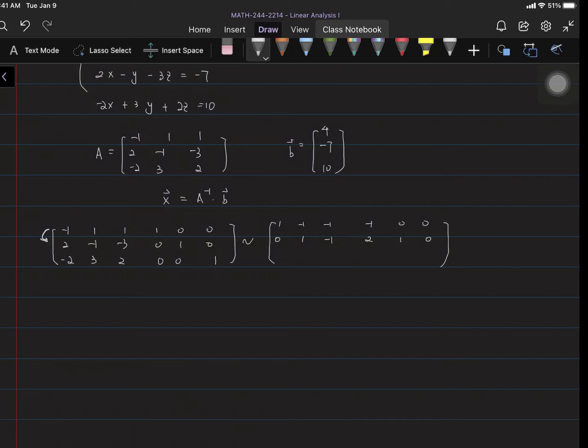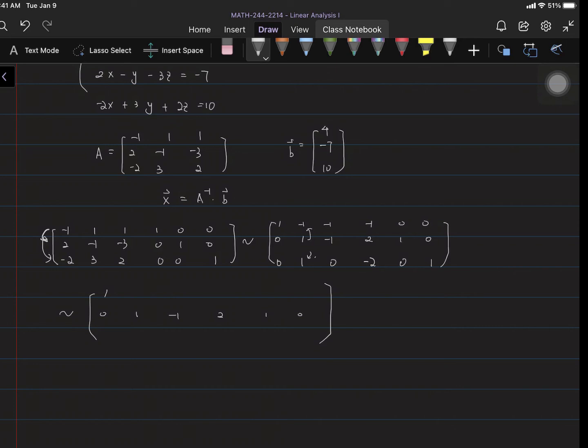And next, here I can change that into 0. -1 times -2 is positive 2, so times -2 here. Times -2 is into 0, 1, -2, 0, -2, 0, 1. Okay, and next I'm going to use this one to make those into zeros. Let's take a look. 0, 1, -1, 2, 1, 0, 1.